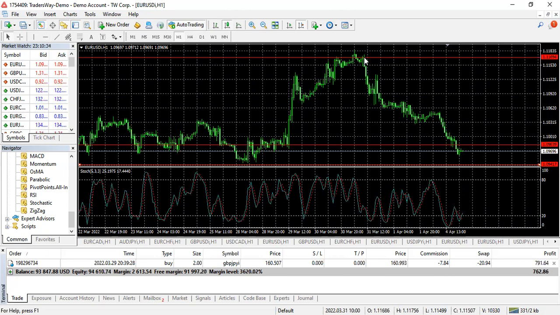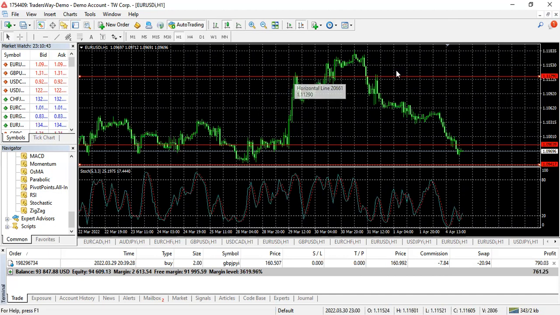Or if you think it is too far, you can move it closer. Let us target this point, these two strong resistance. So let us target here.